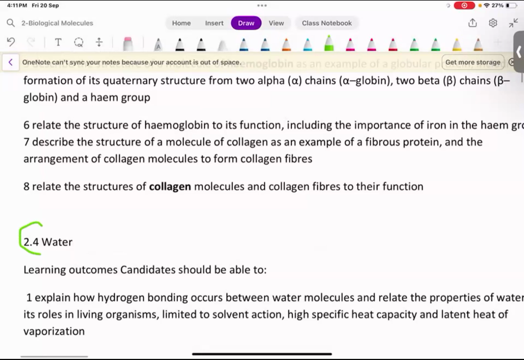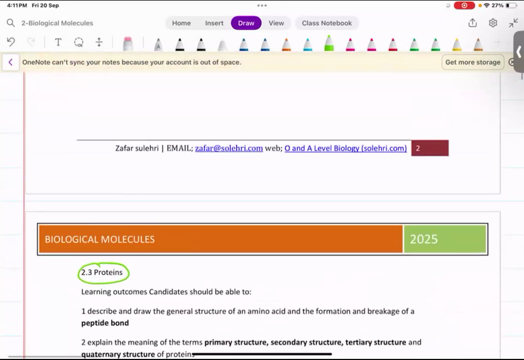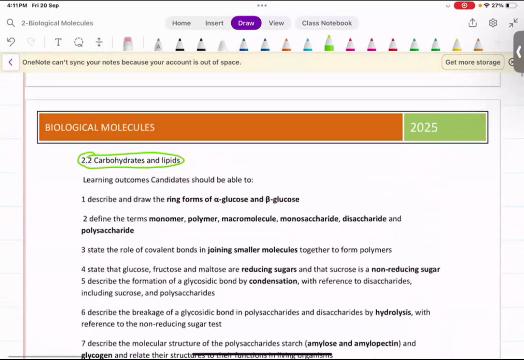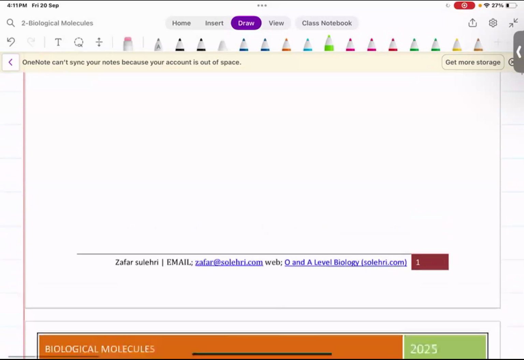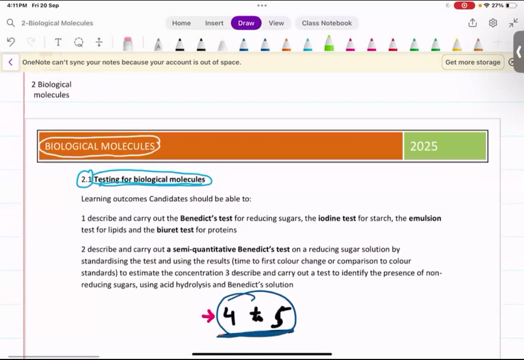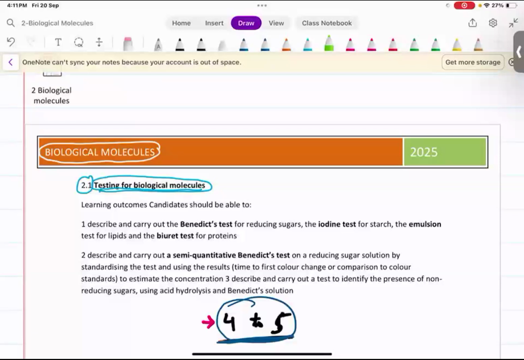Okay. This is comparatively a challenging topic. It has a lot of formulas and chemical reactions in it. It is not that conventional the biology that we do in transport in plants and transport in human, and the cell structure and the cell membrane. It has a lot of biochemistry, though we do not need to know the biochemical aspects of these structures and these molecules.